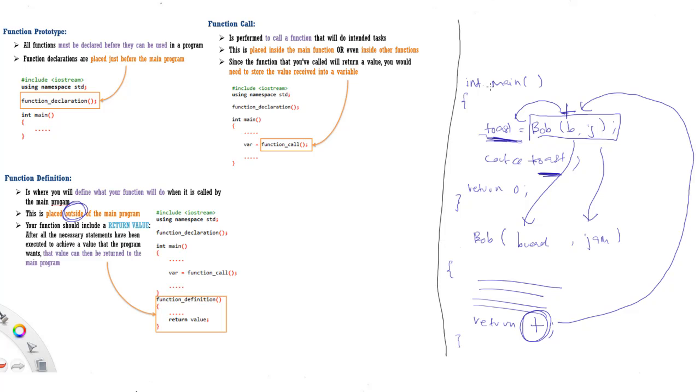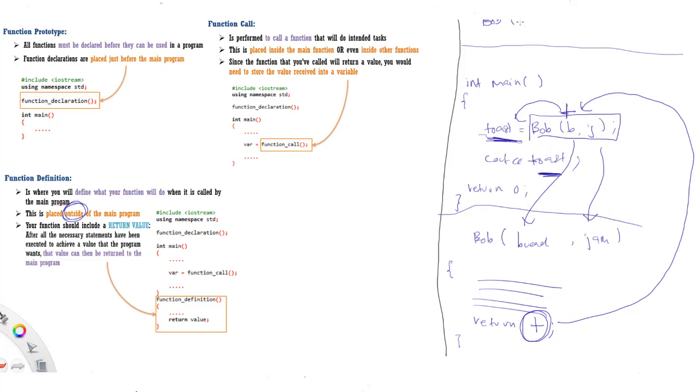If it reads the main program first and suddenly you see Bob, it doesn't understand where Bob is because Bob still hasn't been read since it is located at the bottom. So if you write your function at the bottom after the main program, you must declare it at the top. So you must declare Bob at the top here.